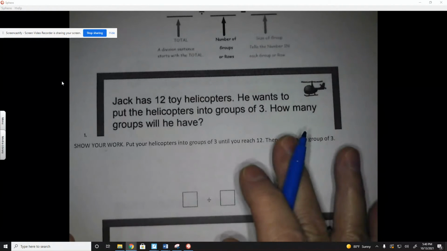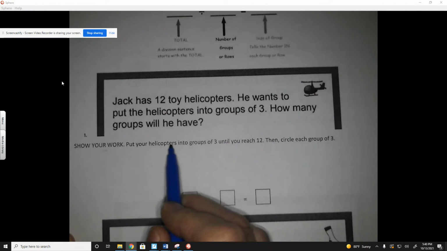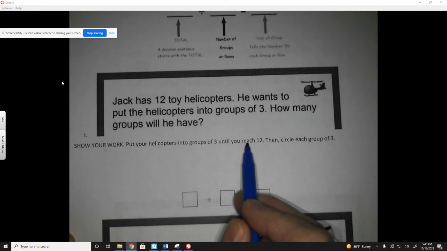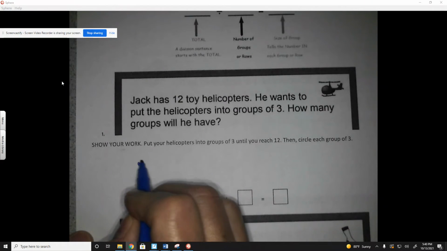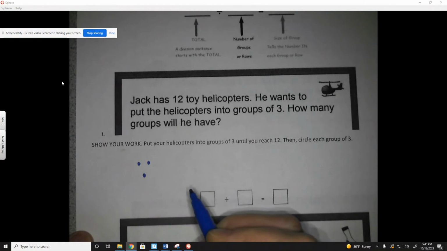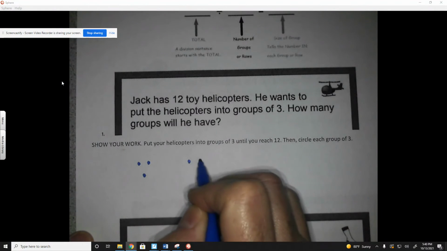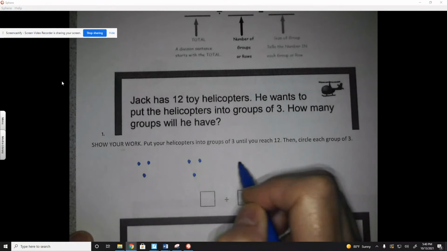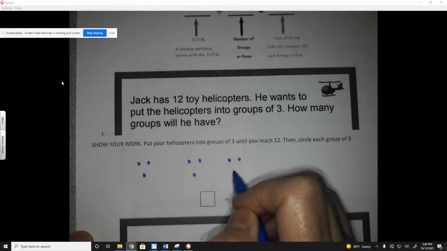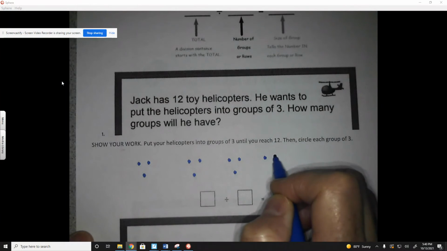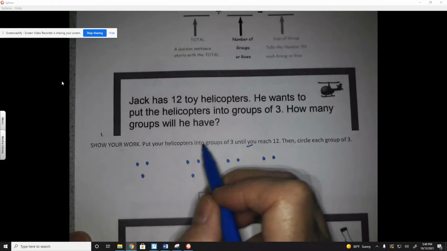So we're doing this a little bit differently. Put your helicopters into groups of 3 until you reach 12. So we're going to say 1, 2, 3, 4, 5, 6, 7, 8, 9, 10, 11, 12.